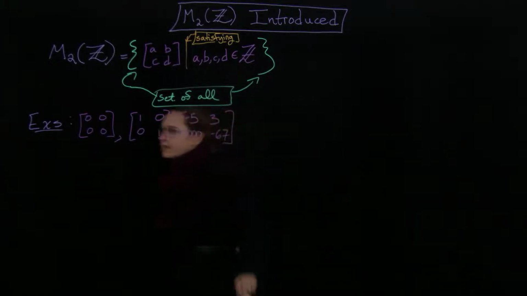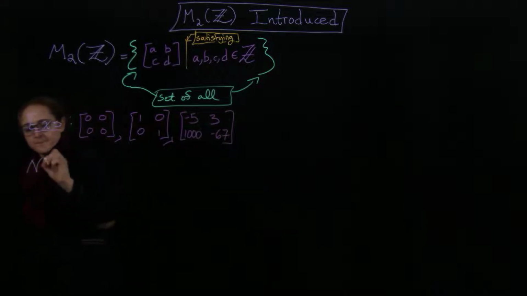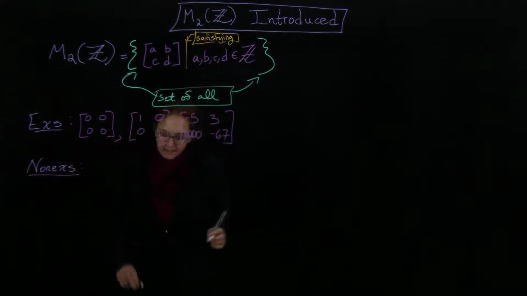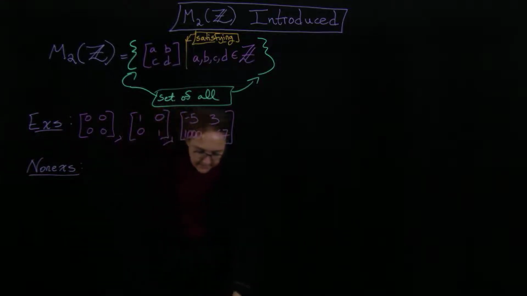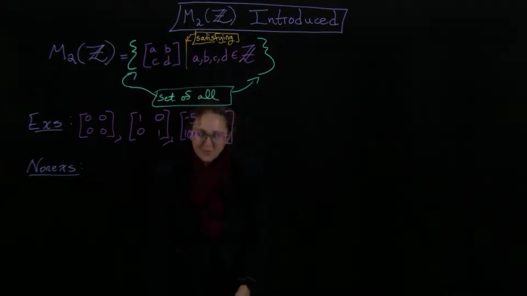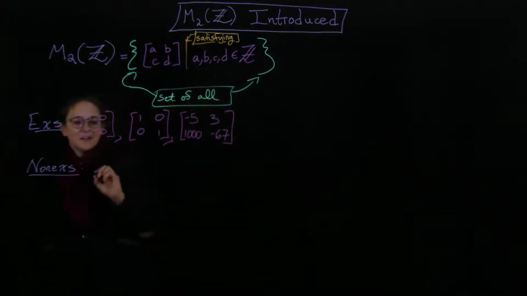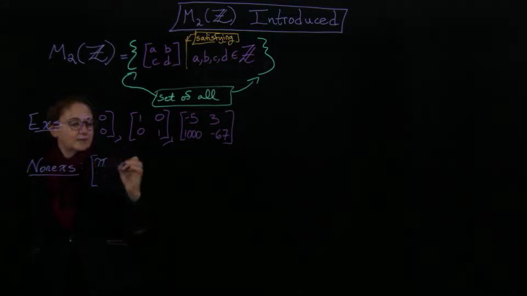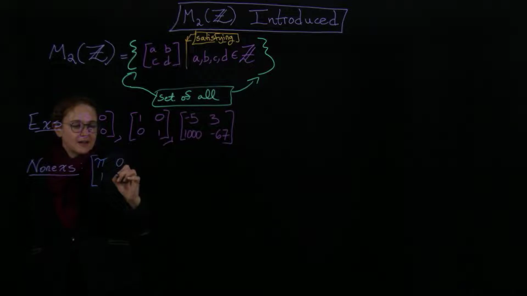And then some non-examples would be, what can I not have? Let's do these in another color. I'm doing blue. Something I'm not allowed to have: I can't put pi here. Right? I can't do that.